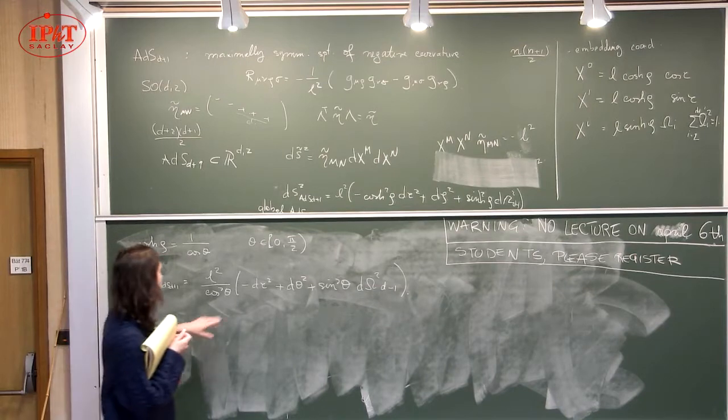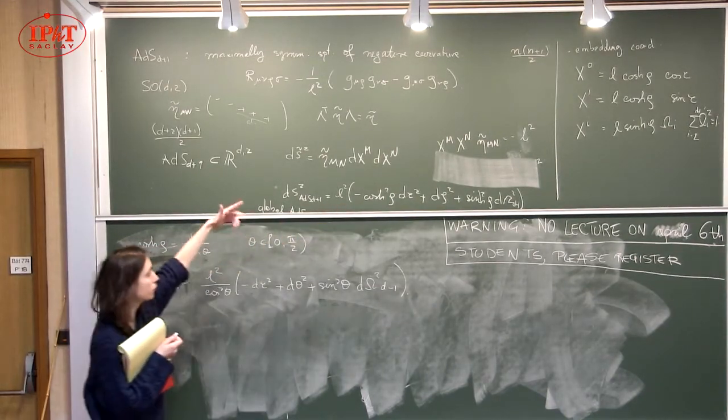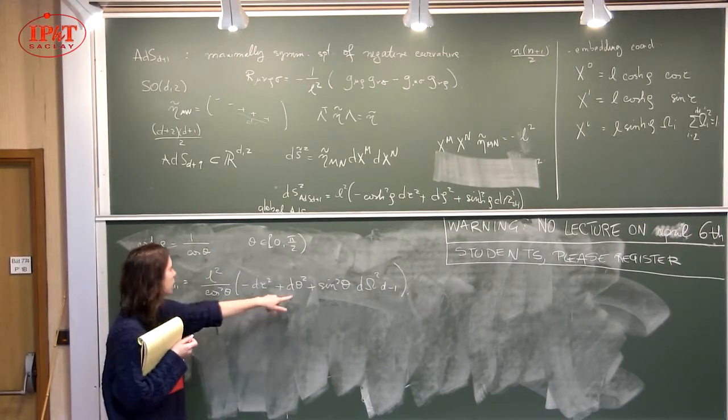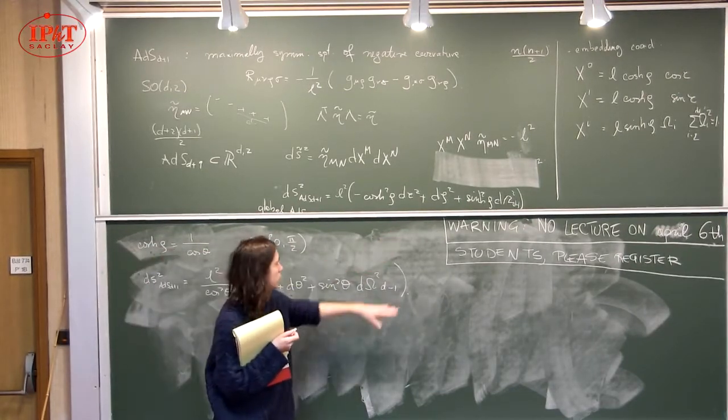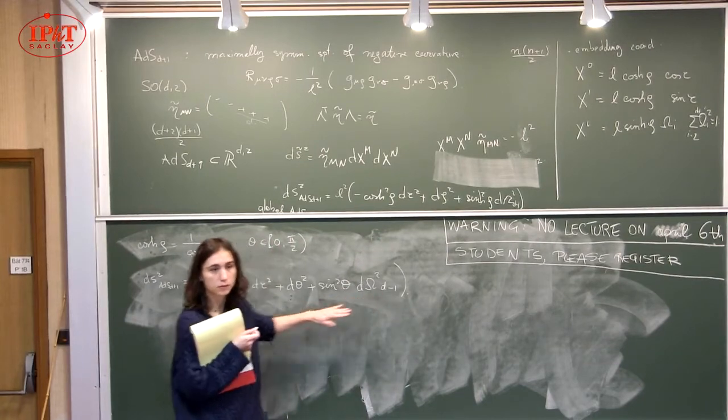So this first term is obvious, it just comes from the definition, then you have to compute d rho in terms of d theta, you're going to get this, and again it's simple. It's just 2 lines of algebra.